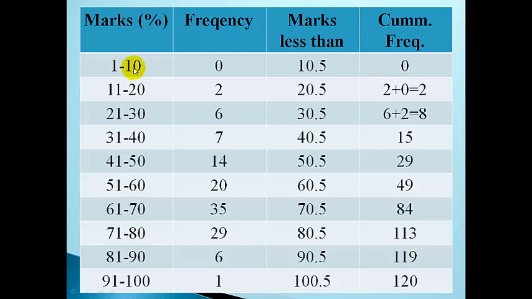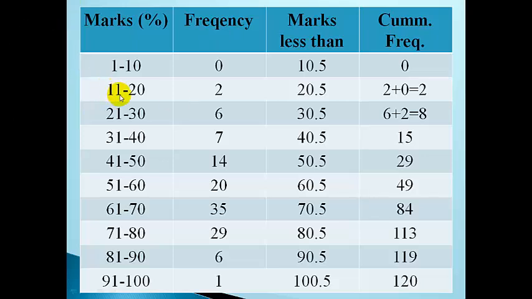The upper limit of the first interval is 10 and the lower limit of the next interval is 11. So the difference between the upper limit of the interval and the lower limit of the next interval, divided by 2, will give us the 0.5.